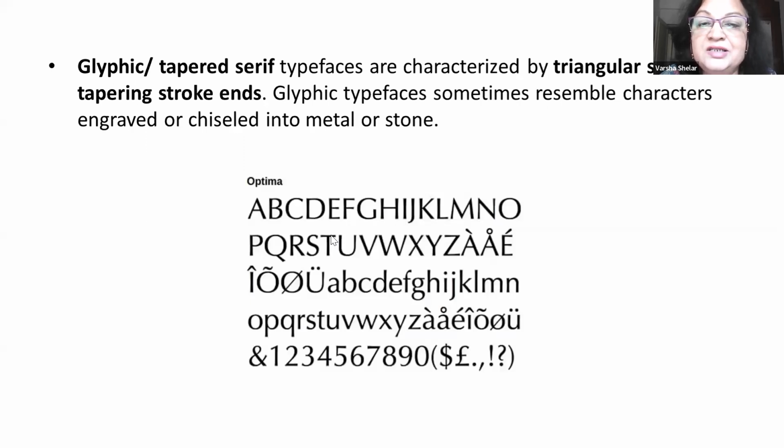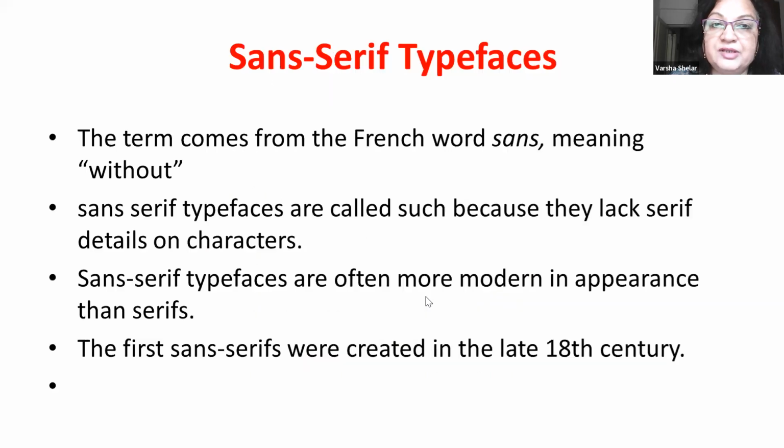You can use it for all different kinds of applications. Looks very classy and clean. You see the edges of the letter; it's not exactly a serif, but it broadens towards the end of the stroke. So a very interesting typeface.